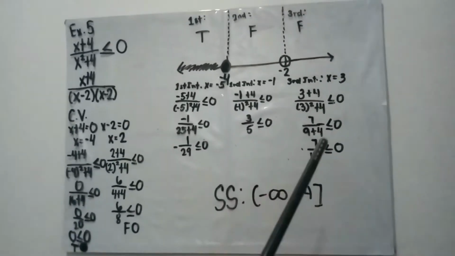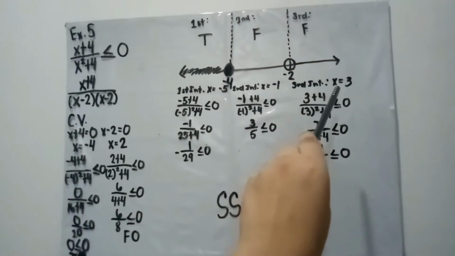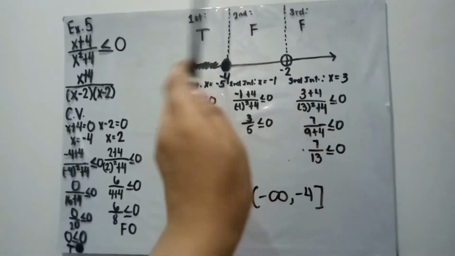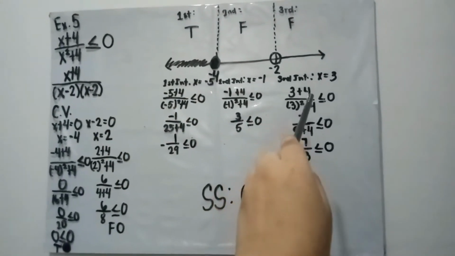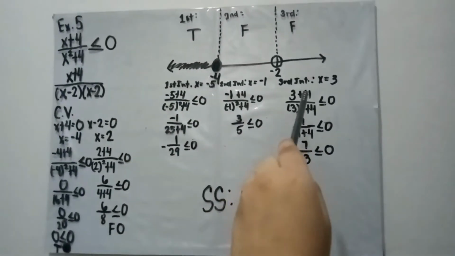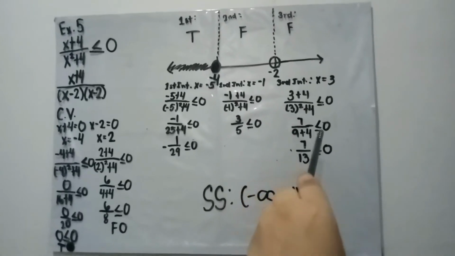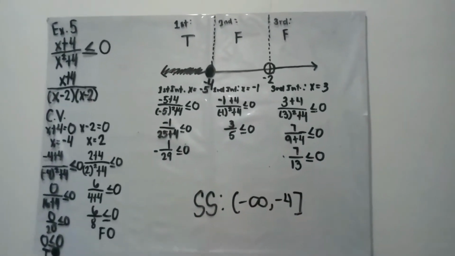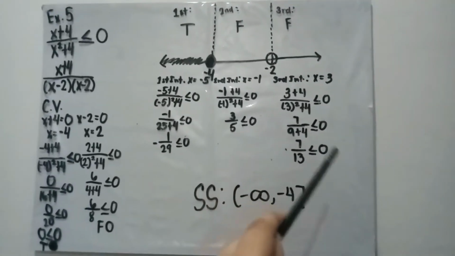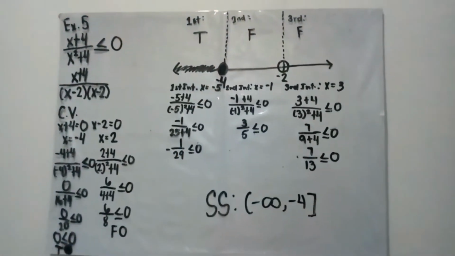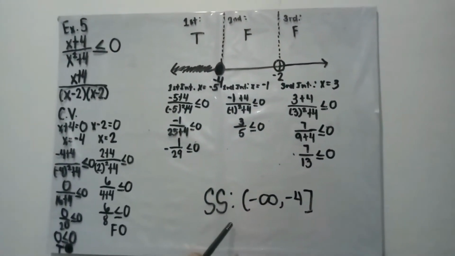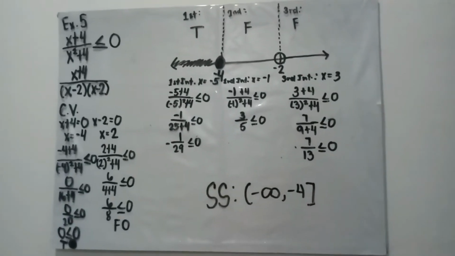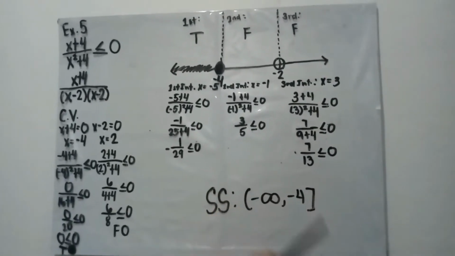Then, dito naman tayo sa third interval. Ang kinuha namin is 3. So, substitute lang ulit. 3 plus 4 is equals to 7. 3 squared is equals to 9. Plus 4 is equals to 13. So, 7 over 13 is less than or equals to 0. False. Then, doon naman tayo sa solution set. Ang solution set lang natin is negative infinity and negative 4.